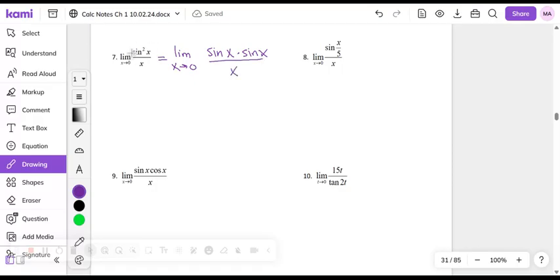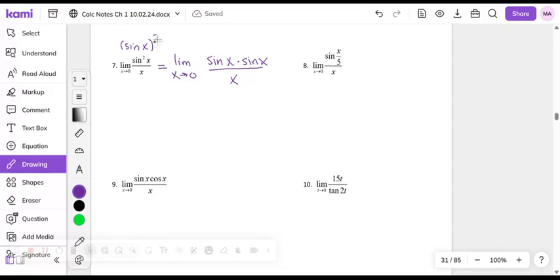Okay, so this is how we write the sine of x squared. We don't write it like this, in case you didn't know. Oops. The 2 won't go in there. We write it like this instead. Well, when we do that, what do you notice? We're approaching 0. Sine of x over x reduces to 1. And now if we take the limit as the sine, when we put the 0 in there, what do we get? We get 0.